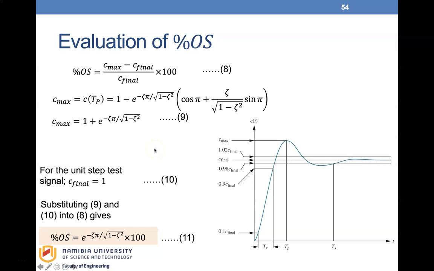C max is C of t at the peak time, Tp, which yields equation 9. For the unit step input, C final will have to be 1. Hence, if we substitute equation 9 and 10 into 8, we will get the expression for the percentage overshoot shown in equation 11.